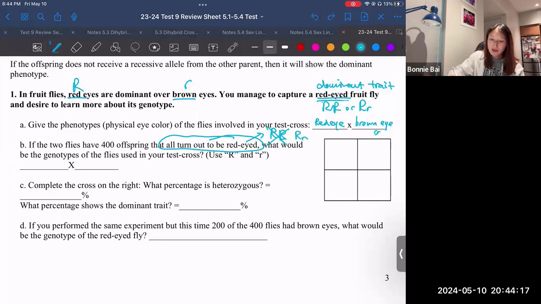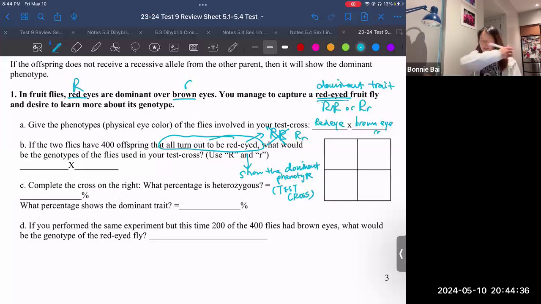Okay, doesn't matter. Either way, what you need to remember is that if all the offspring show the dominant phenotype during a test cross, that means the unknown dominant one, in this case the red eye fruit fly, has to be big R, big R. Has to be homozygous dominant.